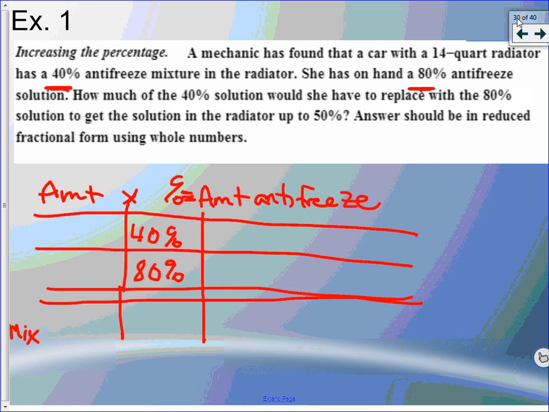And what she wants is a 50%. What she wants is a 50%. You guys see that? She wants to get 50%. So her desired percentage, her desired mixture is 50%.